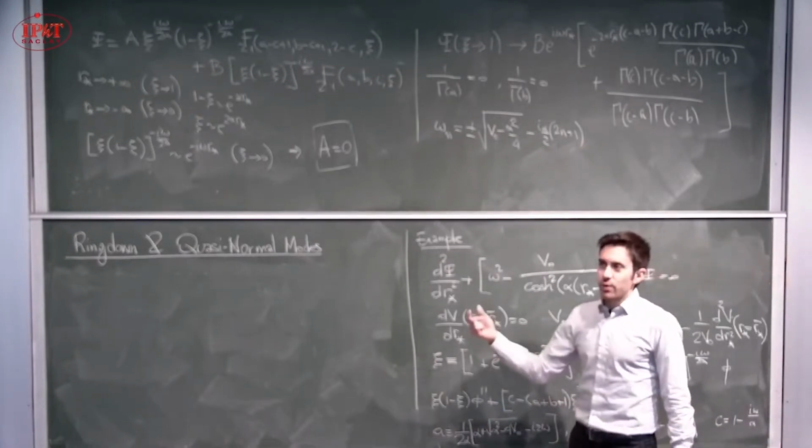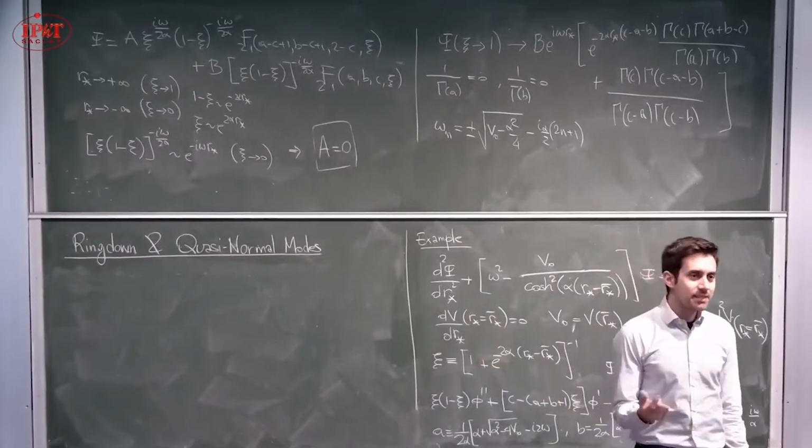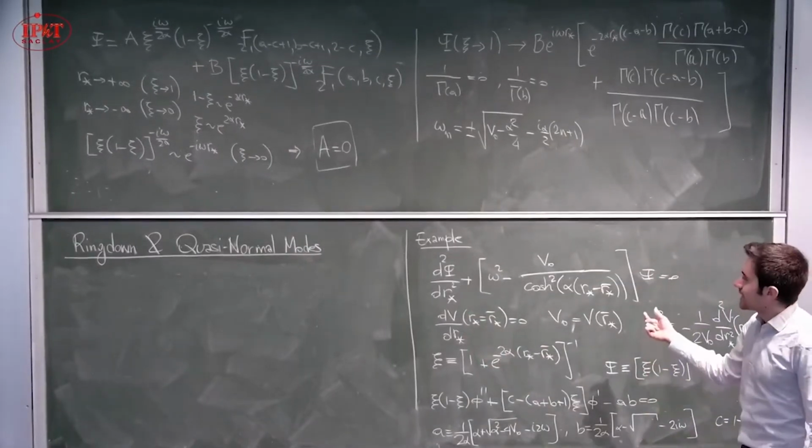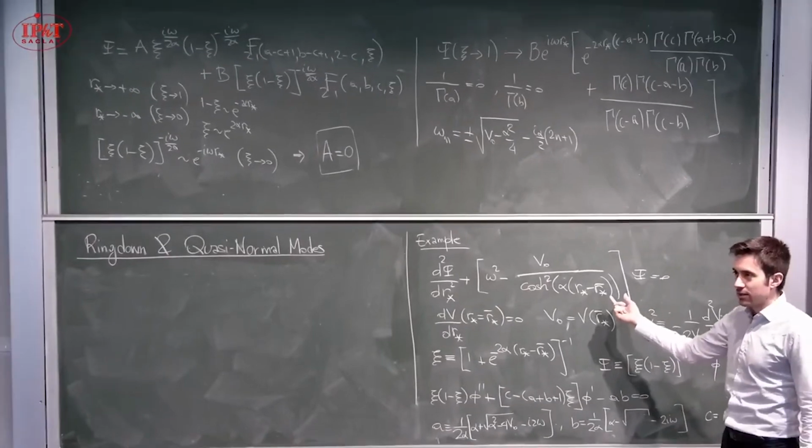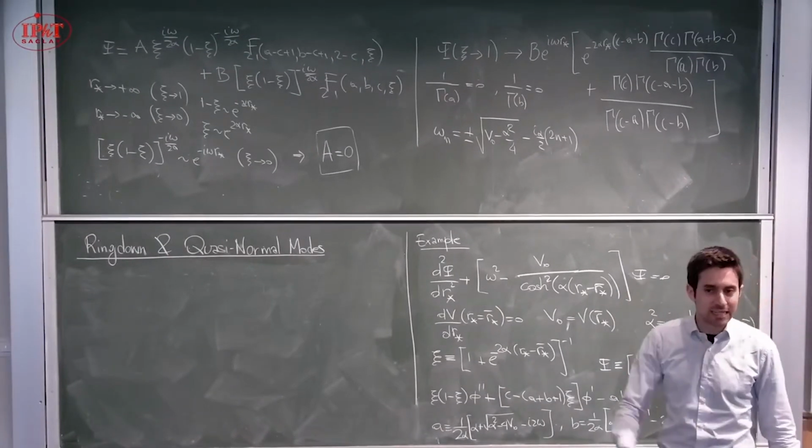What I mean is, this is pretty clear if you consider another toy model. Instead of this potential, you can take an even simpler one. Let's consider a delta function.